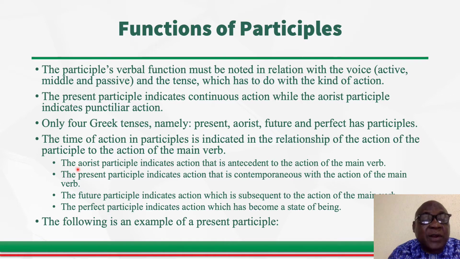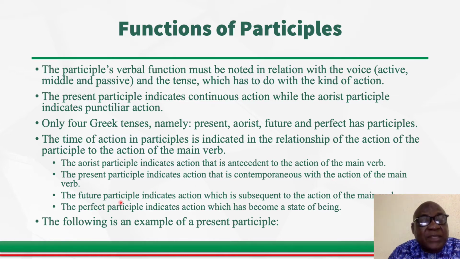If you are working on an aorist participle, the action in the aorist participle is antecedent to the action of the main verb. In other words, it comes before. If you are having a present participle, the action of the participle is happening simultaneously with the action of the main verb.